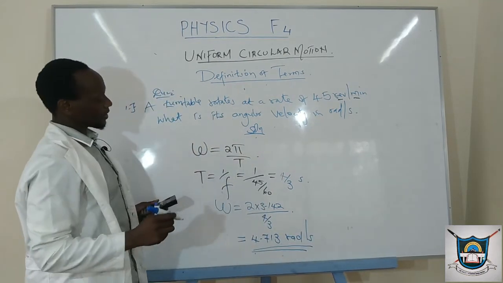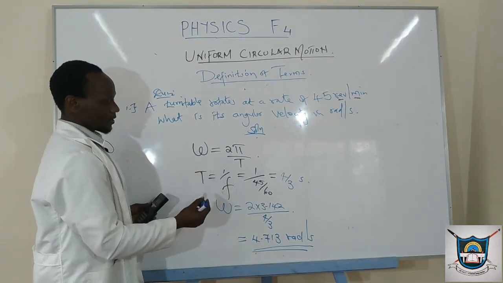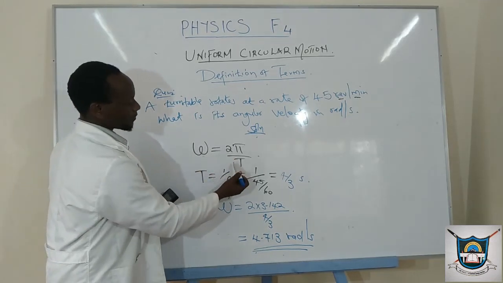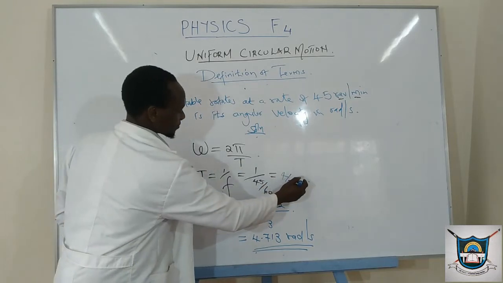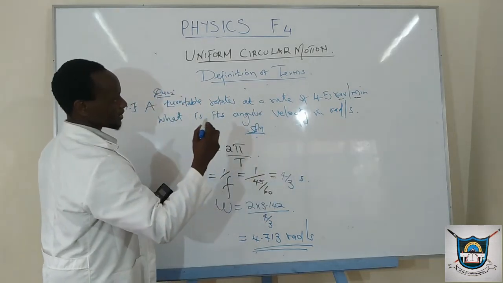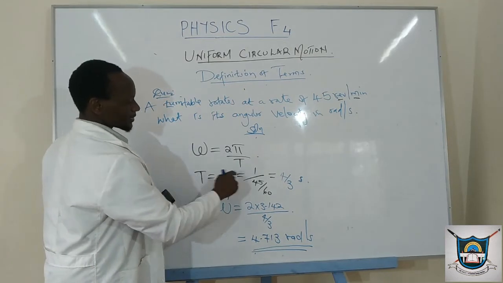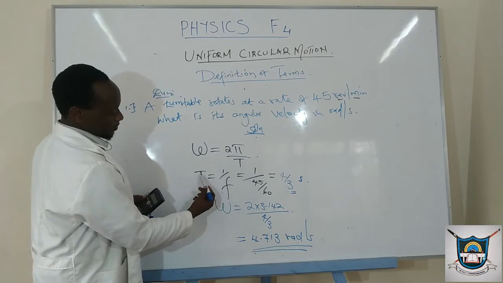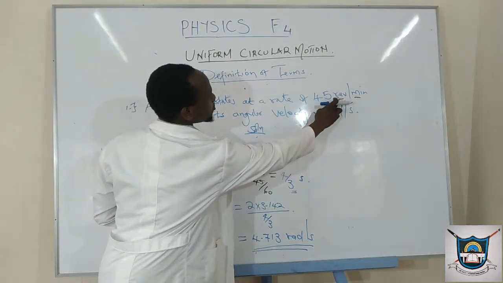So that's our answer. Look at our working here. We have written the formula omega equals 2 pi over T, and T is time in seconds. You have to find the time in seconds so that you can substitute. Our formula for T is 1 over f. We had 45 revolutions per minute.